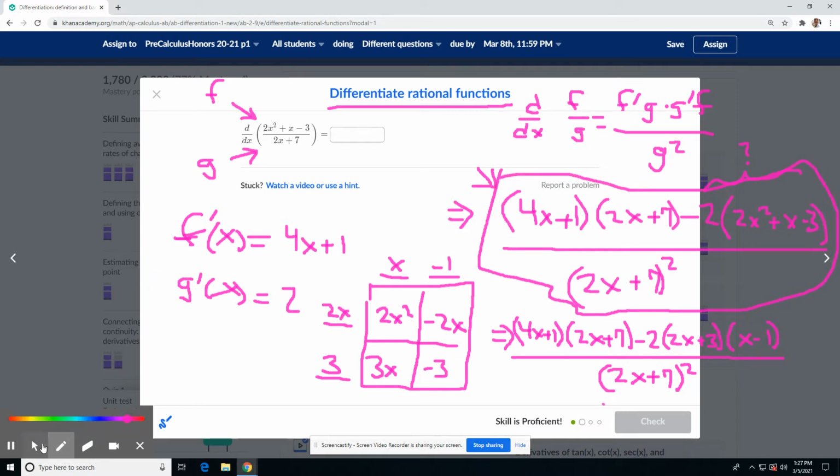So let's see how we did. Oh, it's a lot of work here. All right, 4x plus 1 in parentheses times 2x plus 7 minus 2 parentheses.